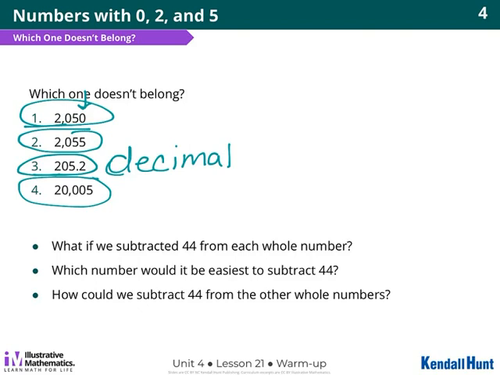Okay, what else? Gage, what are you thinking? D, because it's only 1 in the 10,000. Oh, because it goes all the way to the 10,000s, so maybe it's too big of a number. Okay, let's hear one more idea. Kaylin, what do you think?